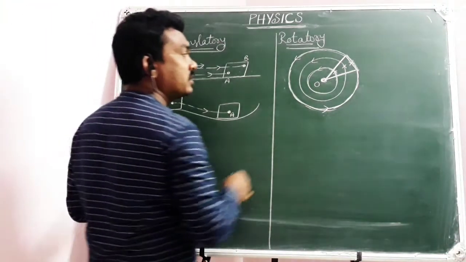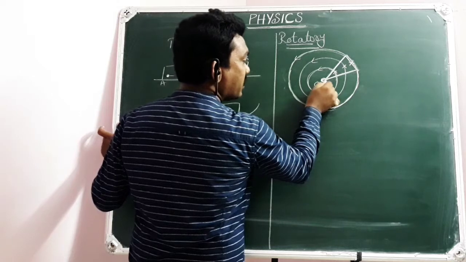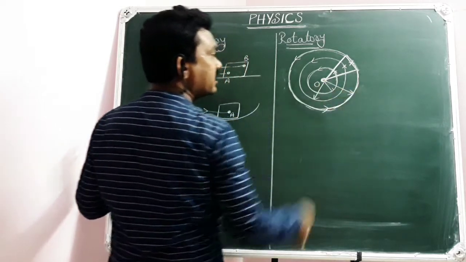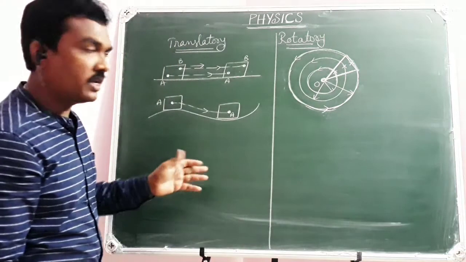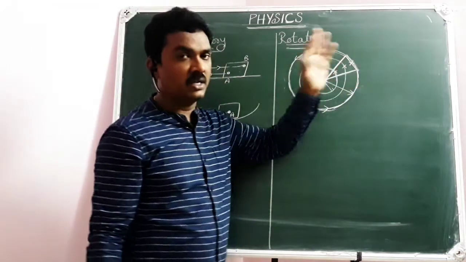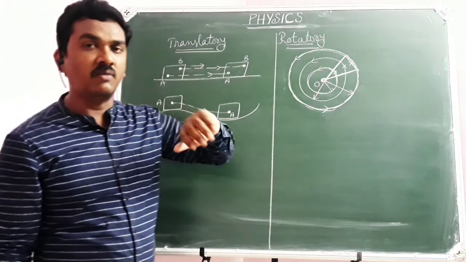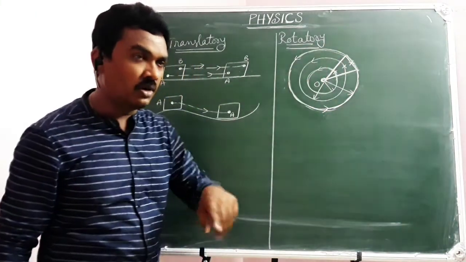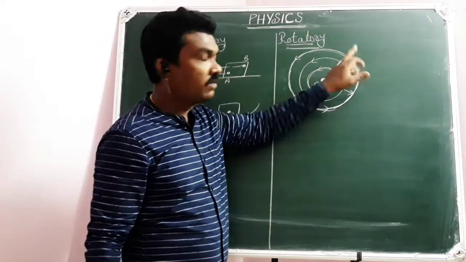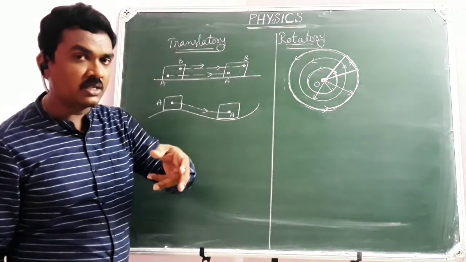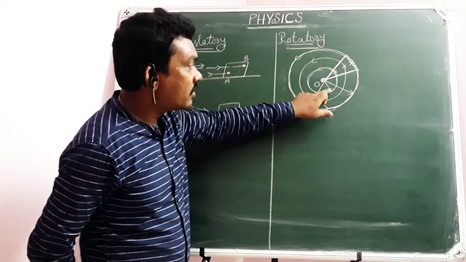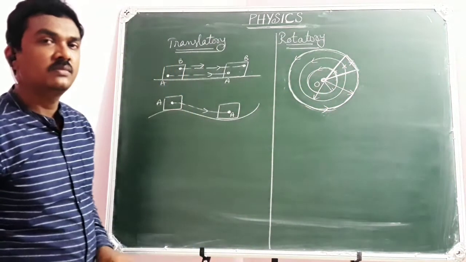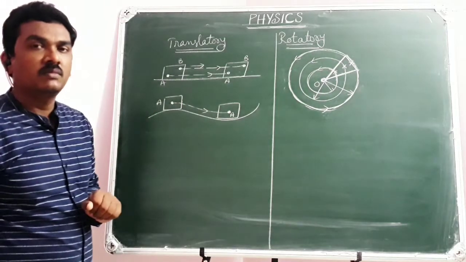But the difference is the radius of the curved track is not the same for all the particles. The radius of the curved track varies from one particle to another. That's why different particles cover different distances when the body finishes one complete round. That is rotatory motion.